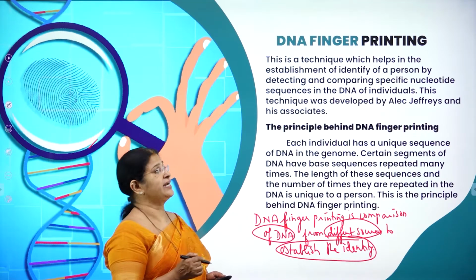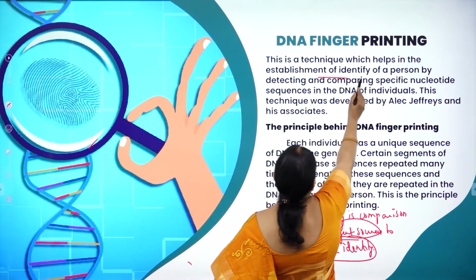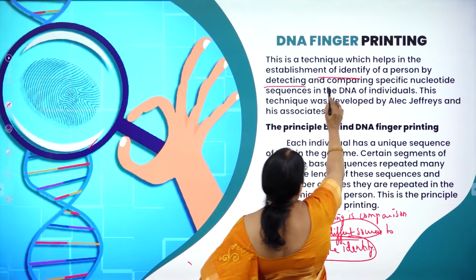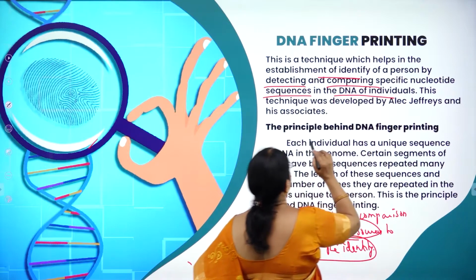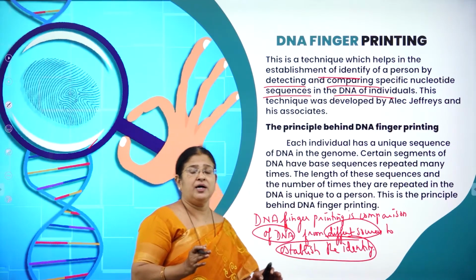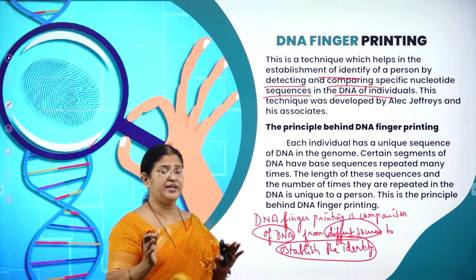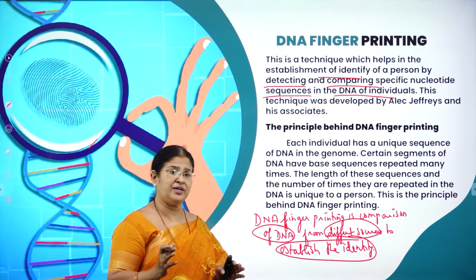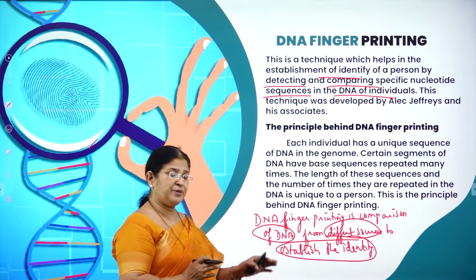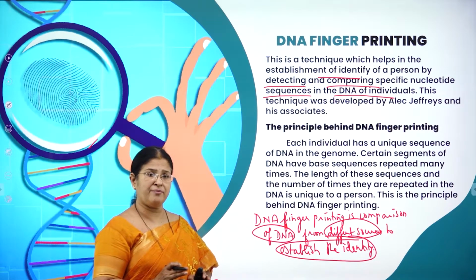So this is a technique which helps in establishing the identity of a person by detecting and comparing specific nucleotide sequences in the DNA of the individual. When we compare the DNA sequence from one individual to another individual, we can arrive at a conclusion whether that particular person has committed the crime or not.